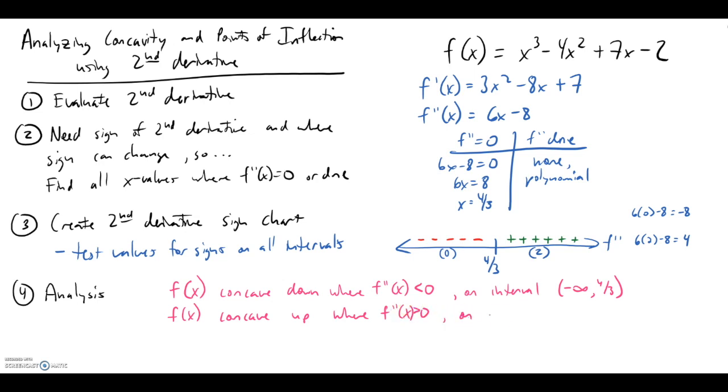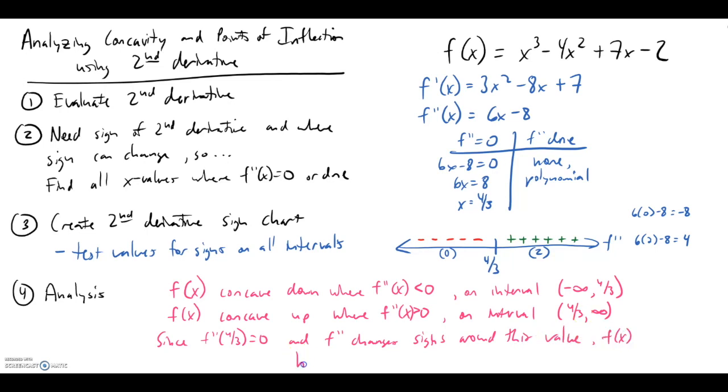And this happened on the interval 4/3 to positive infinity. And the last thing we can analyze is, since the second derivative equaled 0 at 4/3, and the second derivative changes signs around this value, we can conclude that f of x has a point of inflection at x equals 4/3.